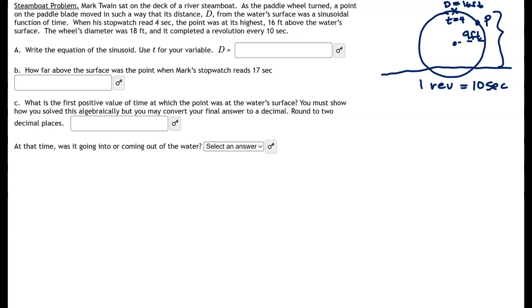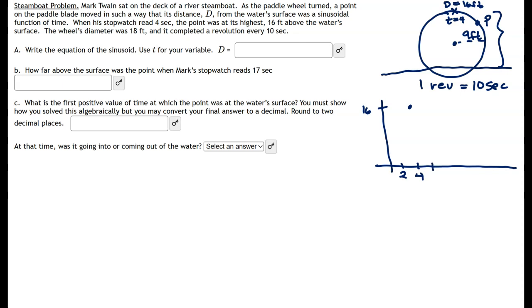Okay, so it helps me a lot if I actually graph this out as a sine wave. So I know that after 4 seconds, so let's go 2, 4, we were at our maximum height of 16. So we'll just put that near the top here. And then we know after 10 seconds, we'll be back up there.